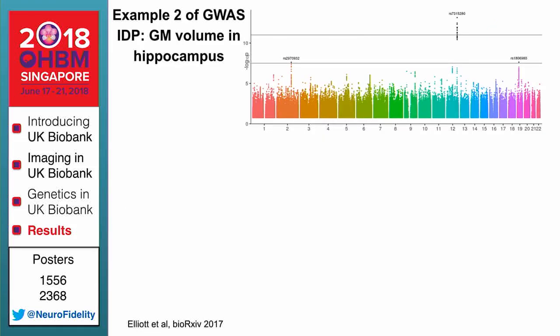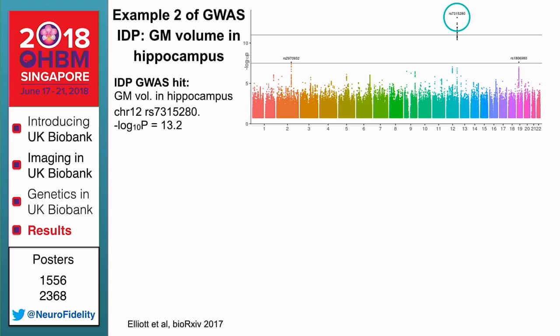And finally, this is another example of another of the GWAS that we ran. The IDP is the gray matter volume in the hippocampus obtained with a VBM analysis. There was a SNP that was very highly significant in the 12th chromosome. The p-value of this relationship was 10 to minus 13.2.